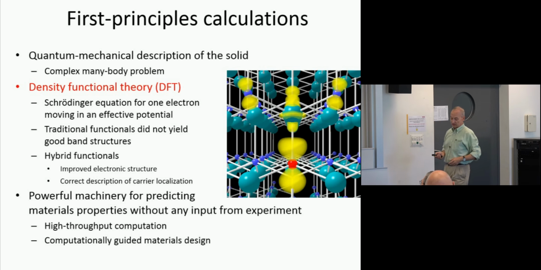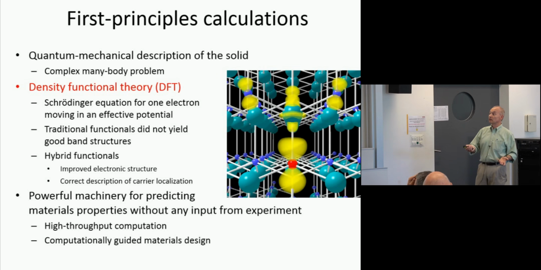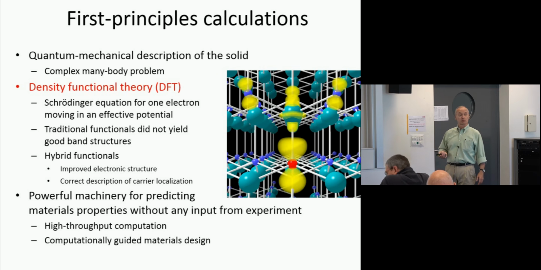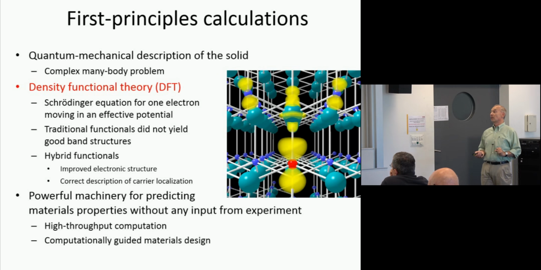I will show you some examples of this in this talk, situations where the electron density is not very smooth, but where the electrons tend to localize in one particular site, can be accurately described with this sort of functional. So, by and large, density functional theory offers us an extremely powerful machinery for calculating and predicting materials properties without any input or fitting to experiment.